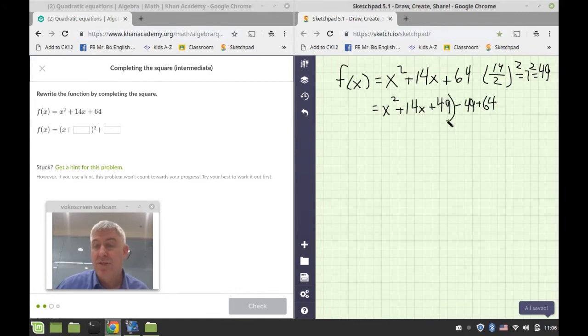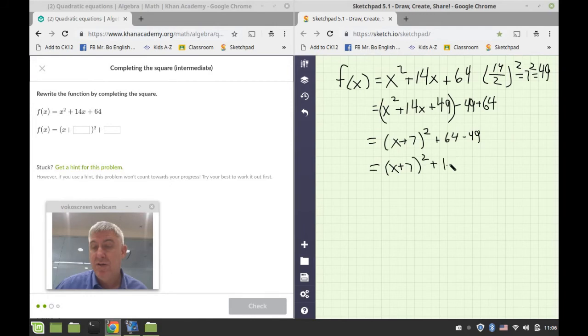We're going to put these together, and we're going to make that into our square, and that's x plus 7 squared, and we still have plus 64 and minus 49, and 64 minus 49 is 15. So we have x plus 7 squared plus 15.